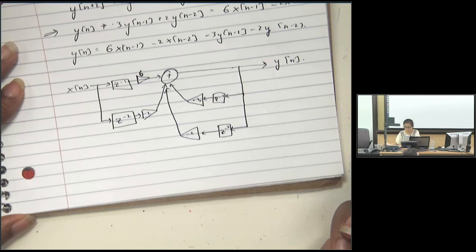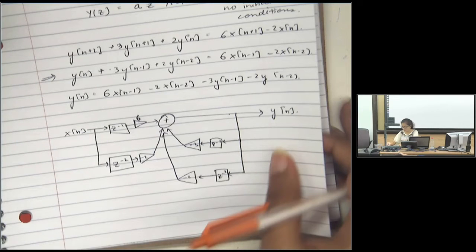Okay? So can we, instead of delaying by 2, make it 2 branches of delaying by 1? Yes, yes, you can do that also. So let me write that in that format. So I'll just write down the equation again.